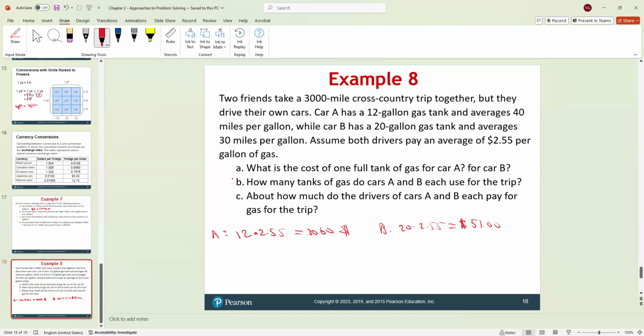What is the cost of one full tank for A and B? You already answered. How many tanks of gas do cars A and B each need for the trip? Remember, car A does 40 miles per gallon, right?